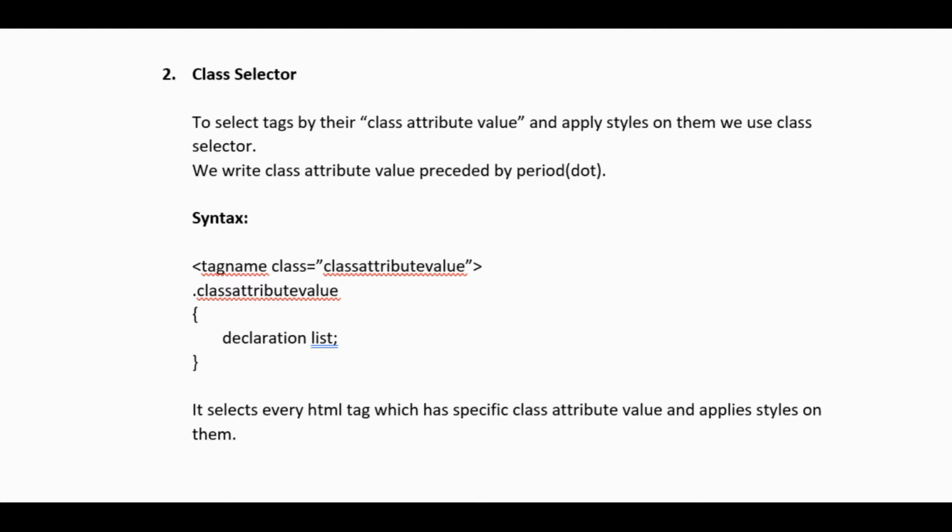So the syntax is this: tag name, class equals to class attribute value, whichever value we are going to assign. It can be whatever value you want to give it.